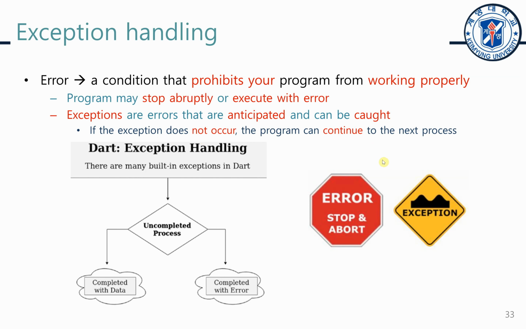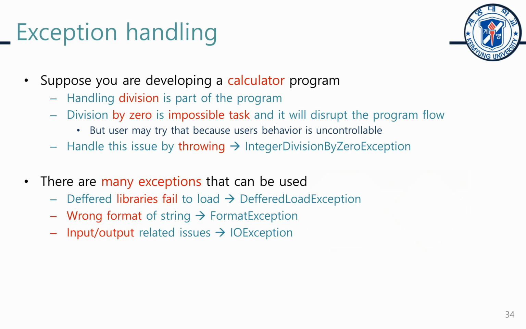For instance, when you divide something by 0, it is impossible, but you can catch this exception, or the program can work if the divisor is not 0. So that's what we mean by that. Suppose you are developing a calculator and it handles division.